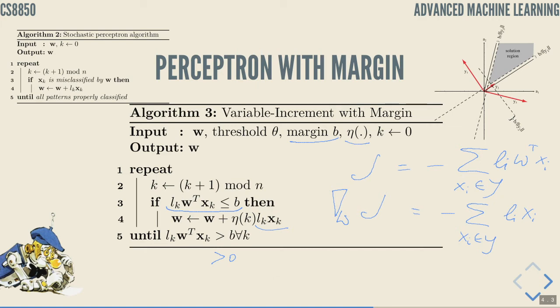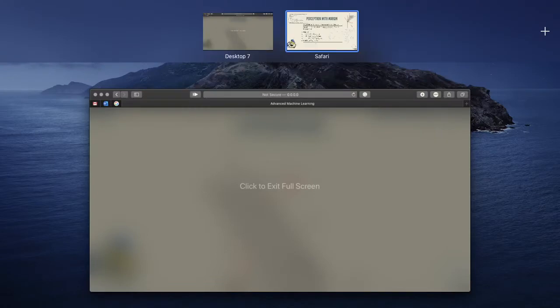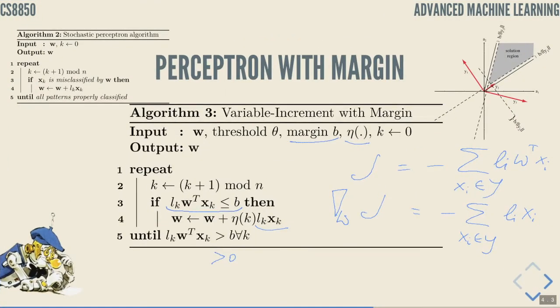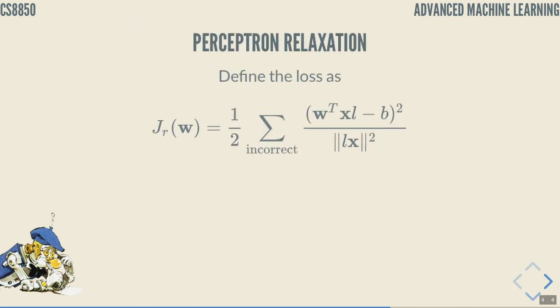We would like to have something smoother, and we would like to be able to optimize other criteria than just the simple perceptron objective function, or perceptron criterion. And we can do that if we define our loss as this expression.